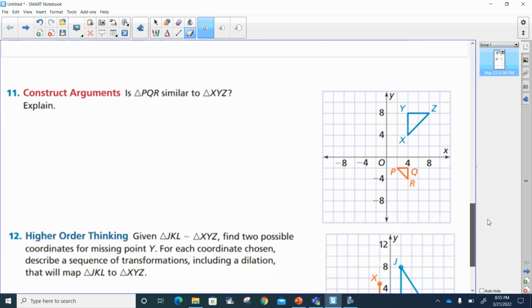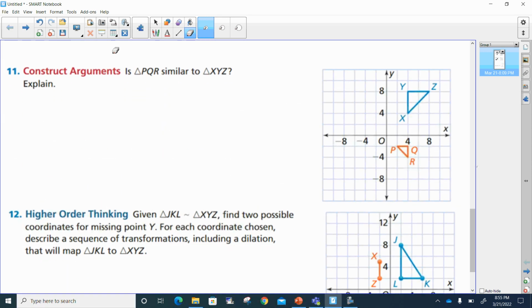That'd be number 11. Is triangle PQR similar to XYZ? Let's see, can I use transformation to get it there? I have the smallest one, let's see, elemental PQR. So the smallest one is here.